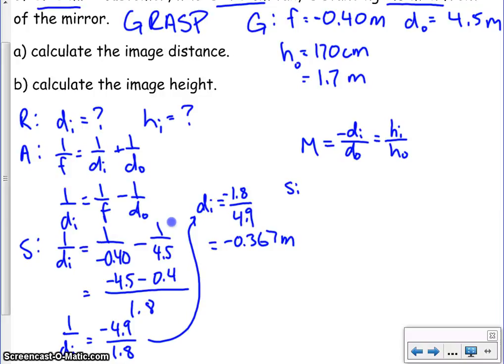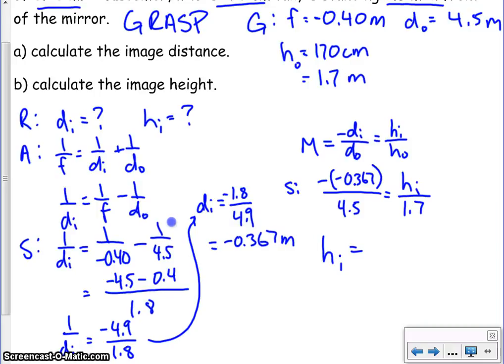For my solution for part 2, or B, calculate the image height, I'm going to plug in what I know into the equation. I know what di is. It's negative 0.367, but it's already negative di, so negative of negative 0.367. Do was 4.5. Hi I don't know, but ho I know is 1.7.